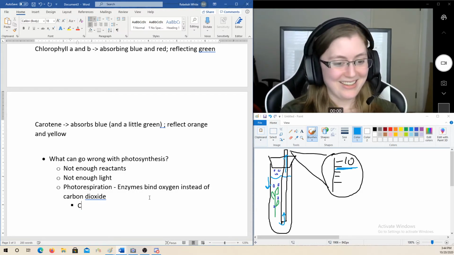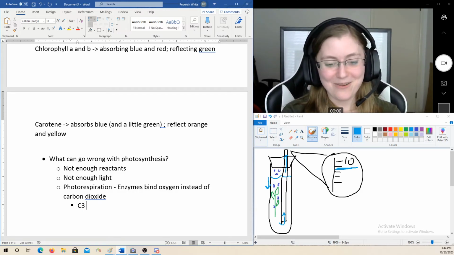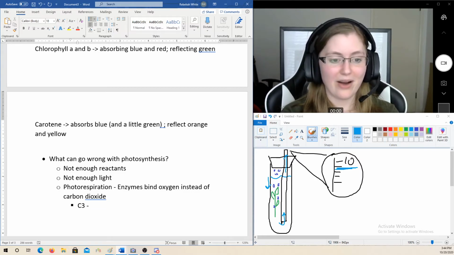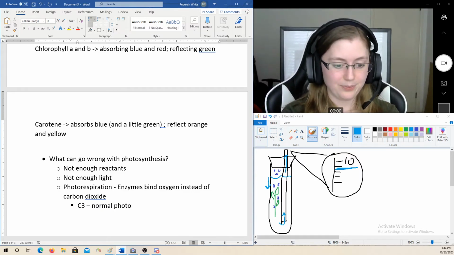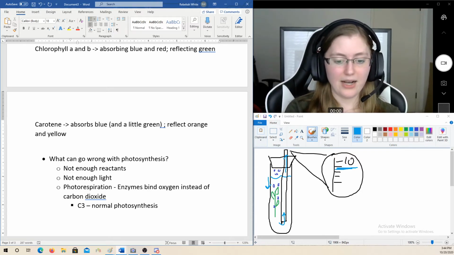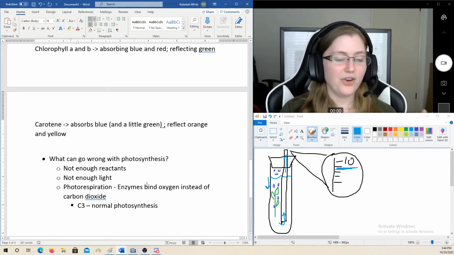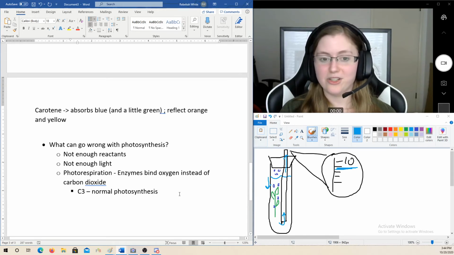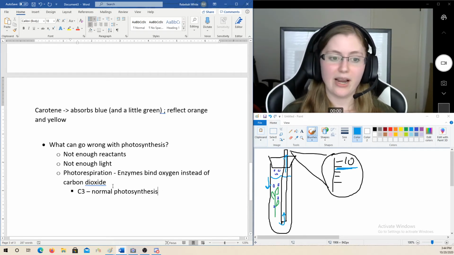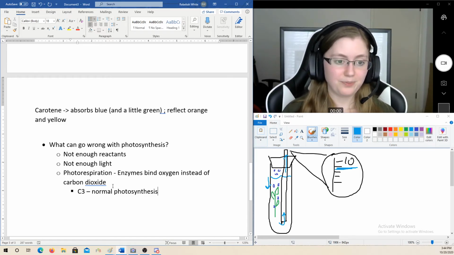The first pathway that we already know about is the C3 pathway. This is just normal photosynthesis. There's really no fallback here to prevent photorespiration, and C3 plants are susceptible to photorespiration.